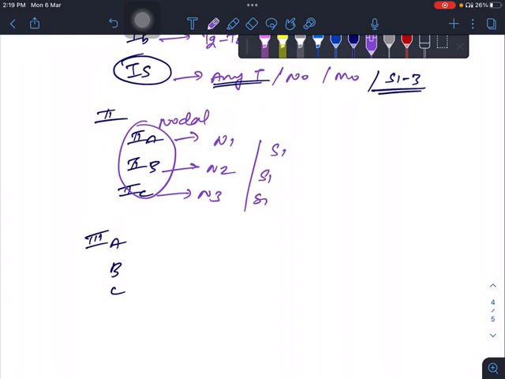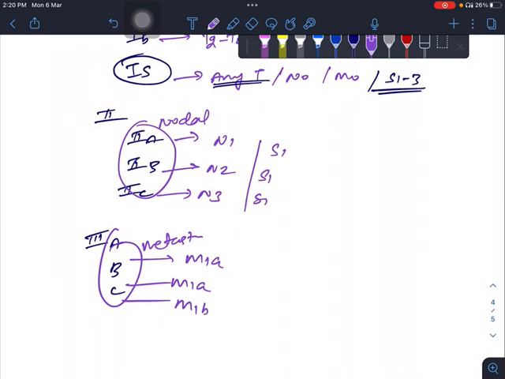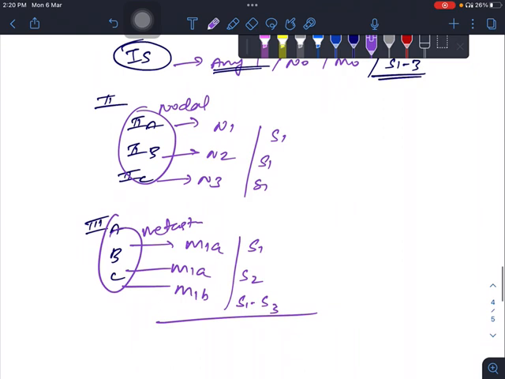So coming to the third stage, these are the metastatic stage. So M1A and M1B. Here the tumor marker staging will be S1, S2, and S1 to S3. Okay, these are the UICC prognostic group staging.